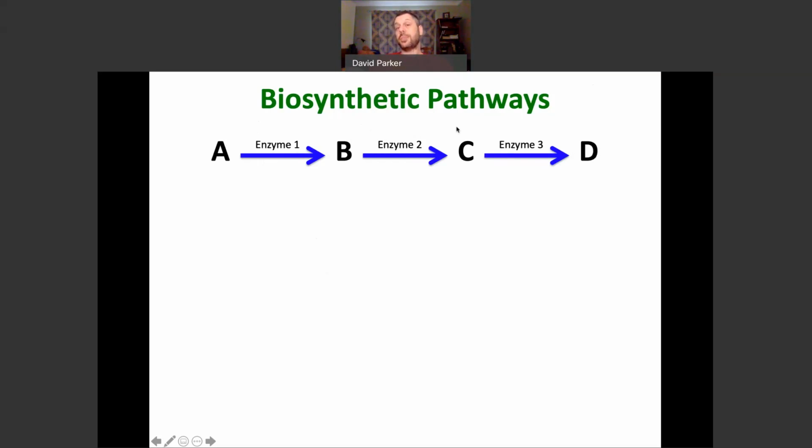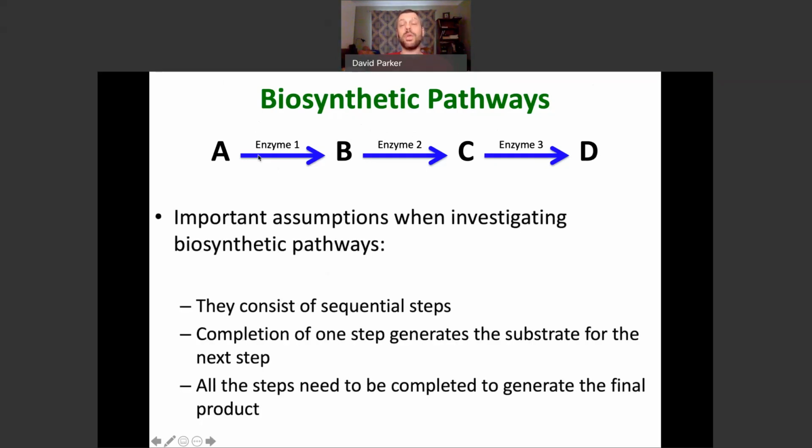And then C needs to be catalyzed by enzyme 3 to become D. And remember that these enzymes are all just proteins, and they're encoded for by genes, right? If you mutate the gene that makes enzyme 1, it can no longer do this conversion because it cannot make the protein enzyme 1.